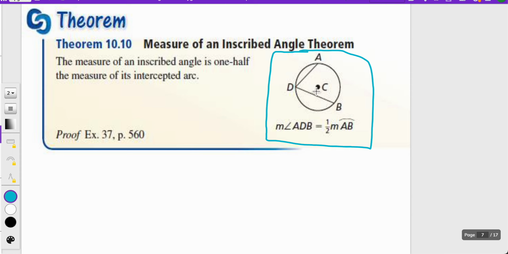We have circle C, and the measurement of angle ADB would be 1/2 of the measure of arc AB. So we can say maybe arc AB is 150 degrees. To find angle ADB, we would just take 150 divided by 2, and we would get 75. So that's going to be a helpful way we can find those.